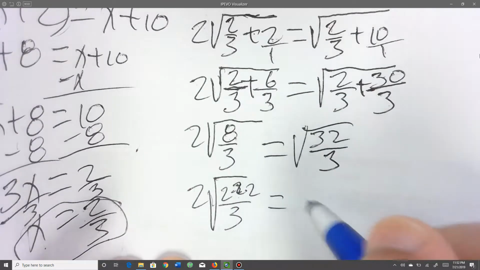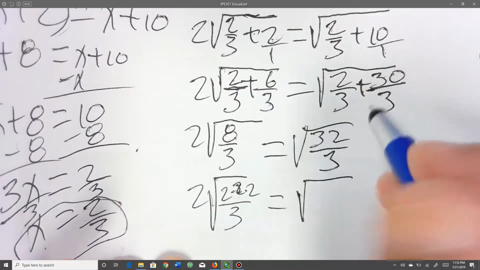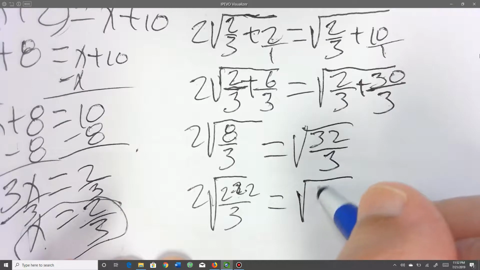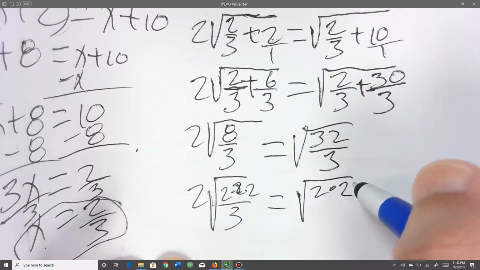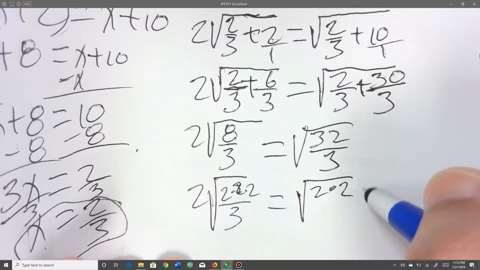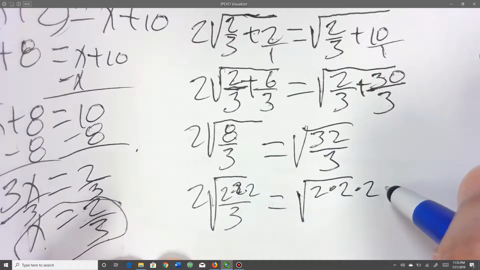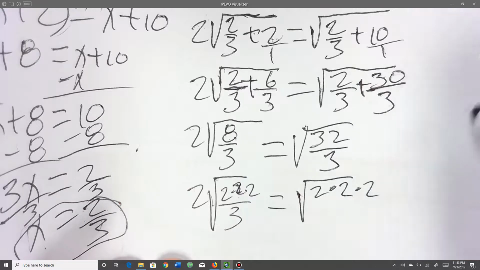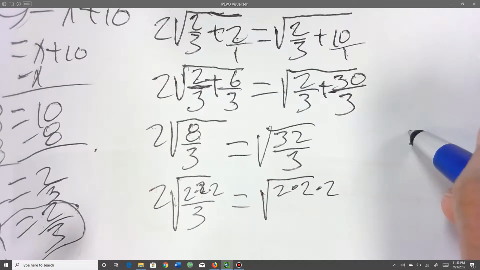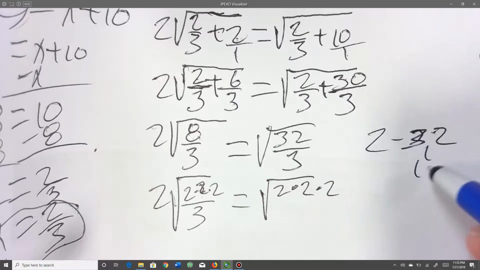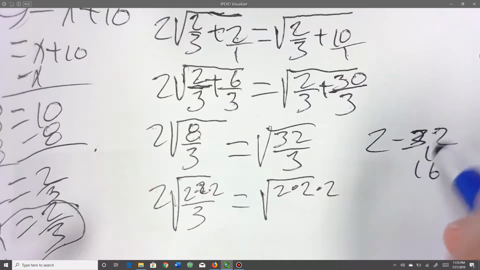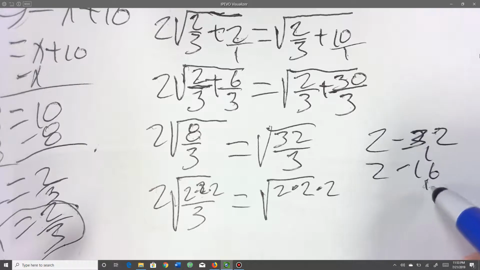And the factors of 32, that's 2 times 2. Well, let me go ahead and work it out. It turns out as 16. That's 2. That's 8.